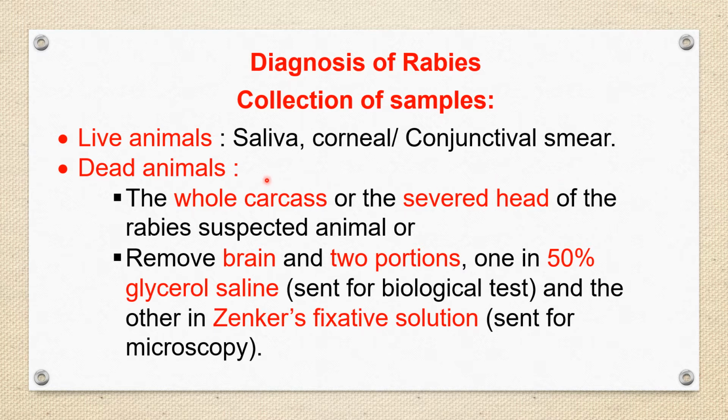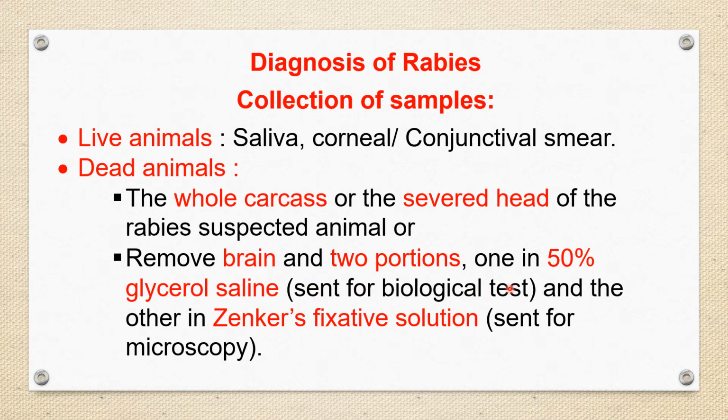Collection of samples in dead animals. The clinician can send the whole carcass or severed head of the rabies suspected animal, or the clinician can remove the brain and make two portions from the center.